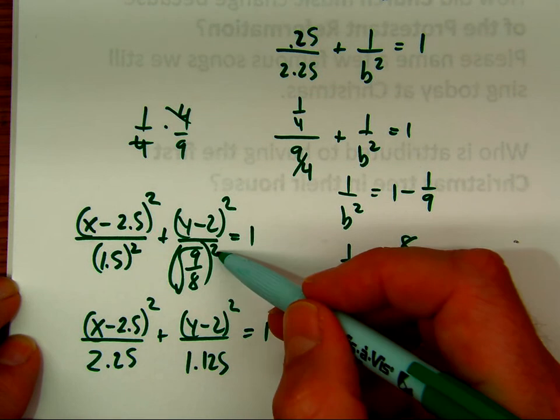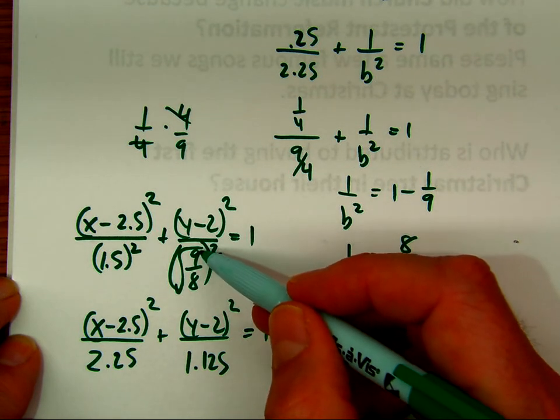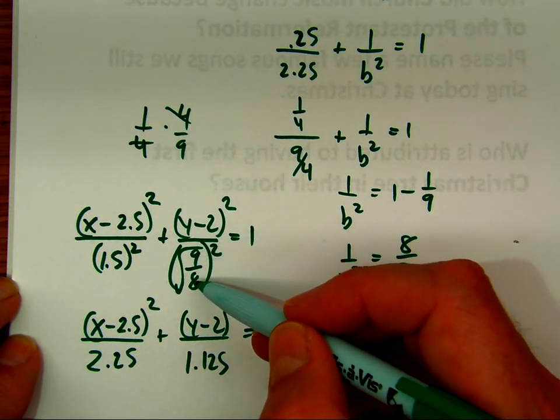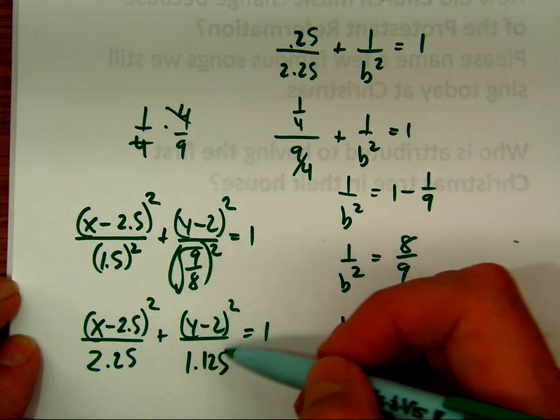So we're squaring the radical, it'll go away, and we have 9 over 8. 8 goes into 9 once, and 1/8 is left over. That's 0.125.